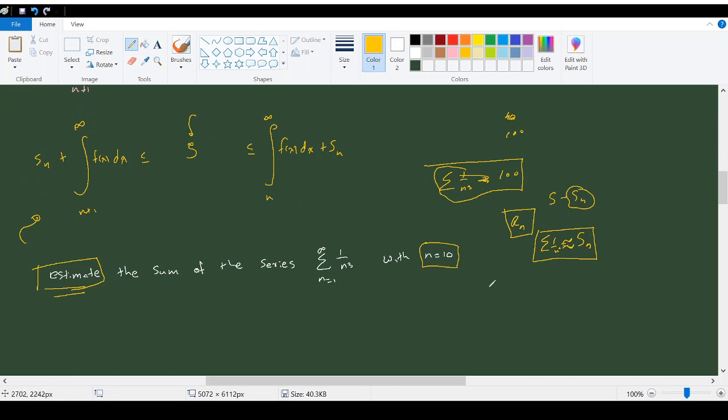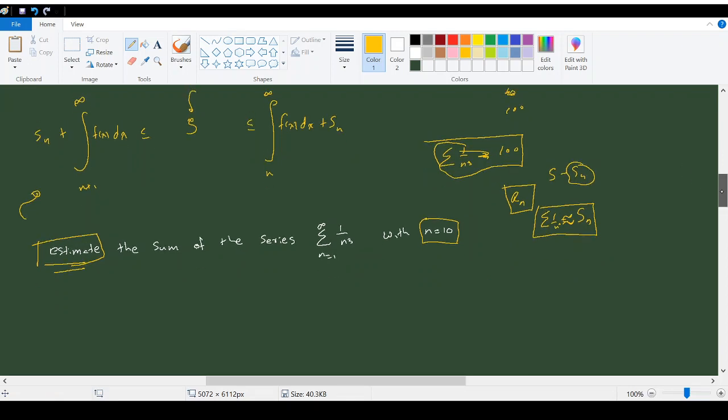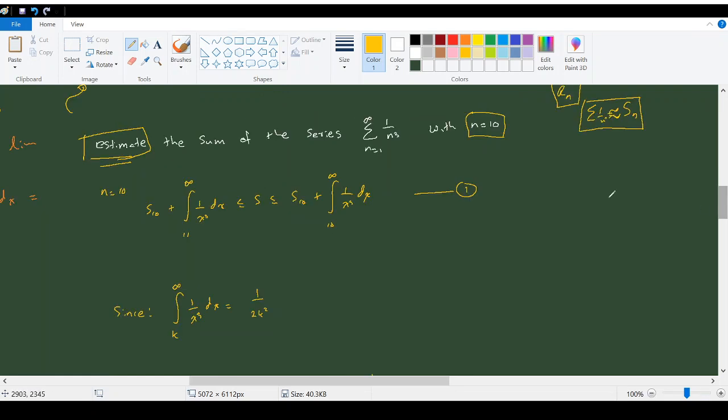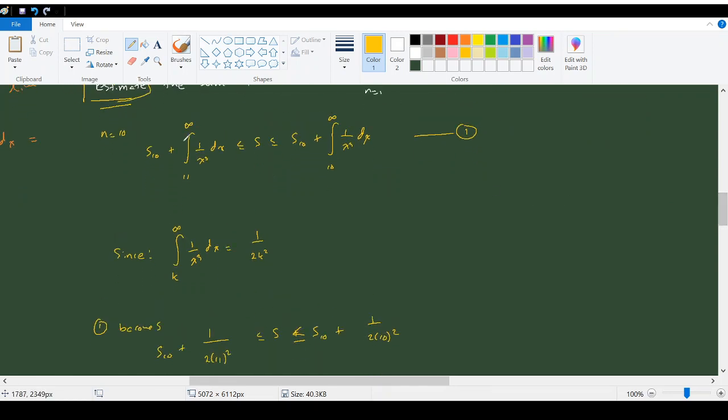So by substituting n equals 10 in all these places, you can solve the inequality like this. We have substituted n equals 10 here, and we saw that the integral will be equal to this one.